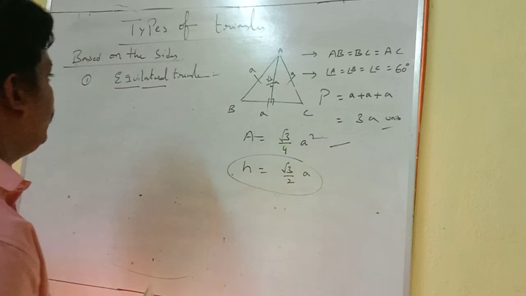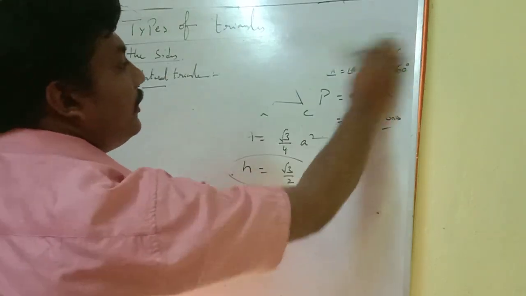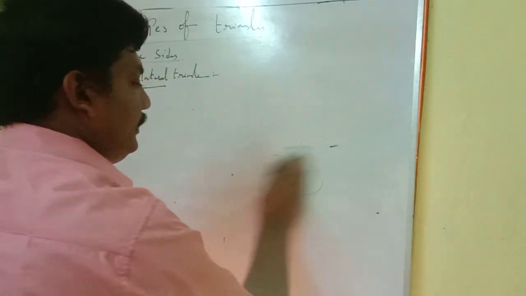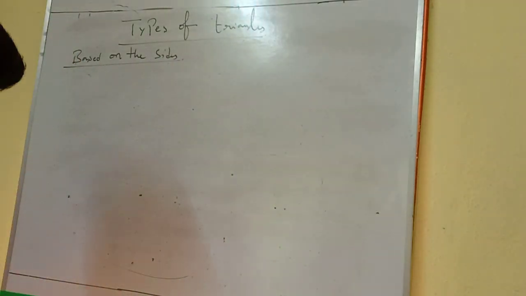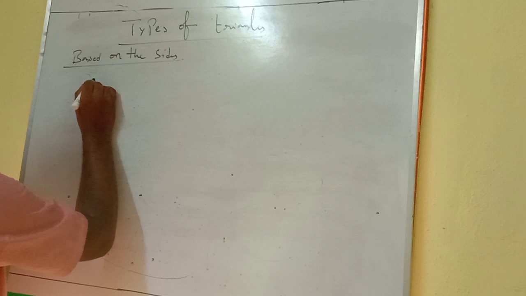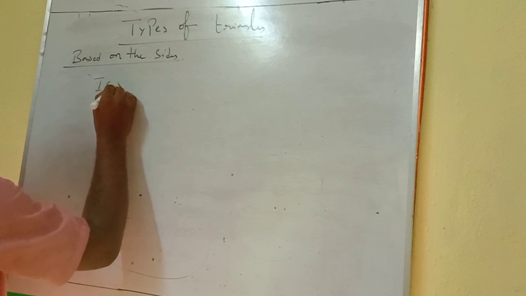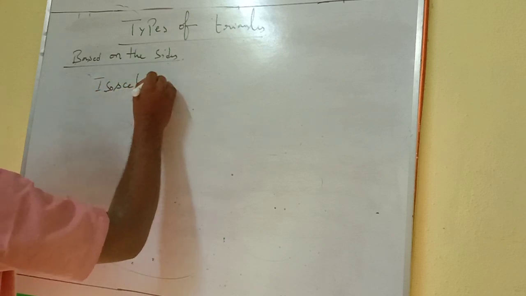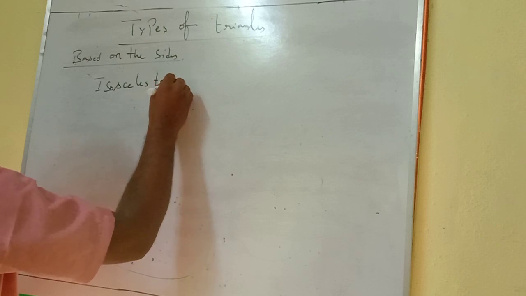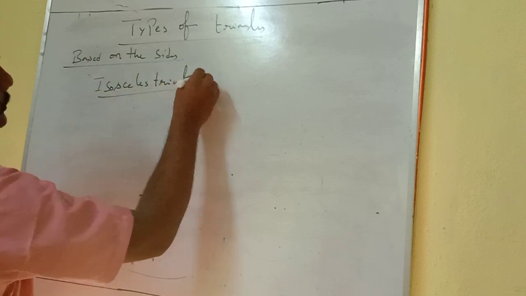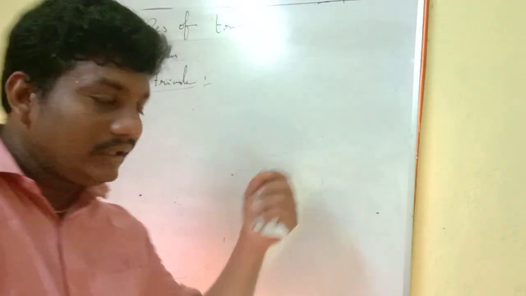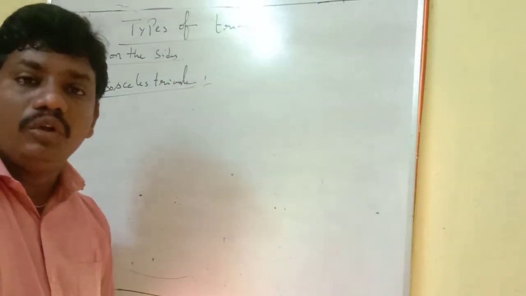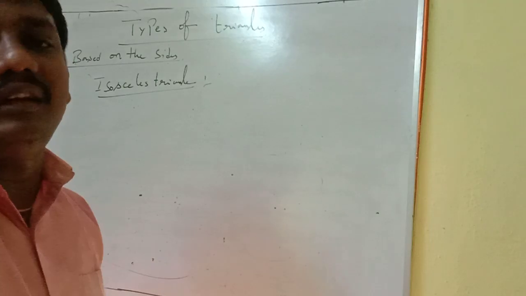So now coming to another type of triangle, that is the isosceles triangle. What is an isosceles triangle? Isosceles means only two sides are equal.